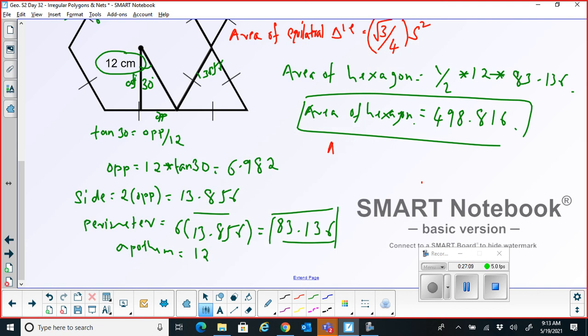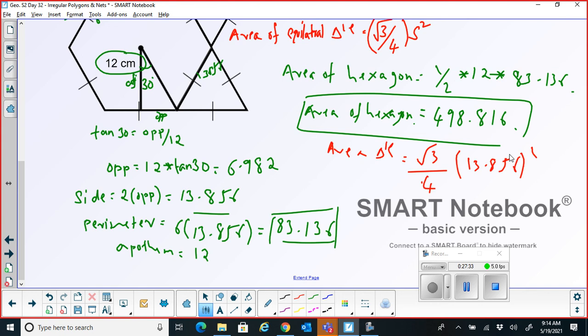So area of this equilateral triangle is root 3 over 4 times the side, which is 13.856, whole squared.